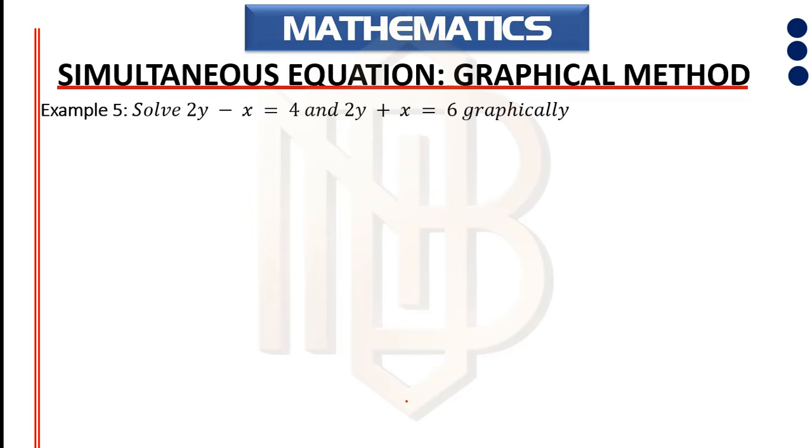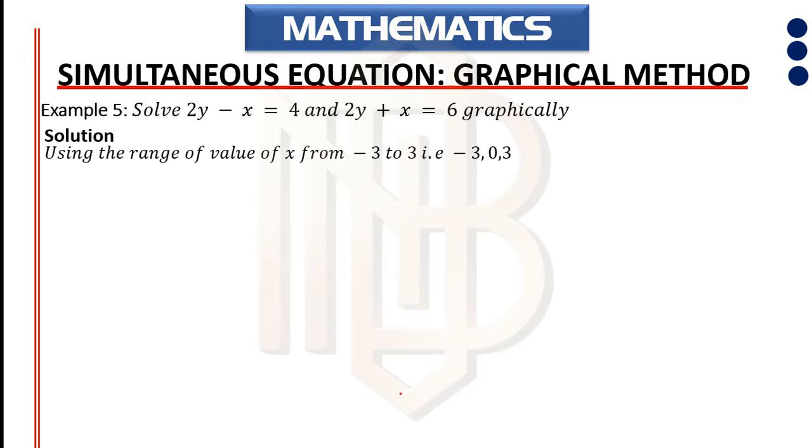If you're given something like this and you have to use the graphical method to solve it, what you simply do, number one, you take a range of values of x. 3 values, in fact 2 in some cases is fine, but 3 is better to ensure a strong and accurate graph that is not tilted away from the perfect line it's supposed to be.